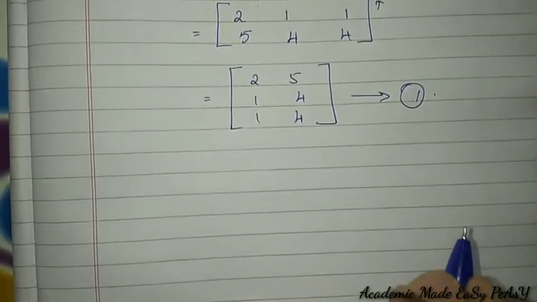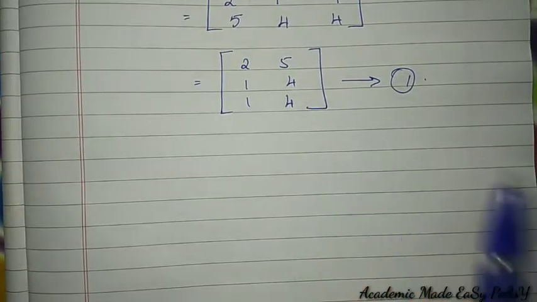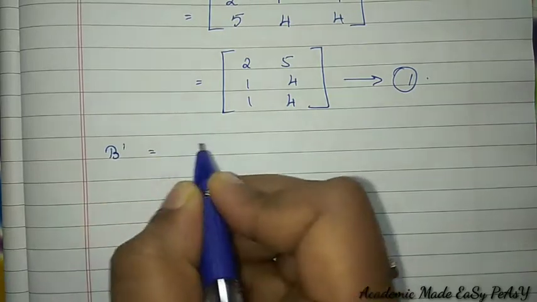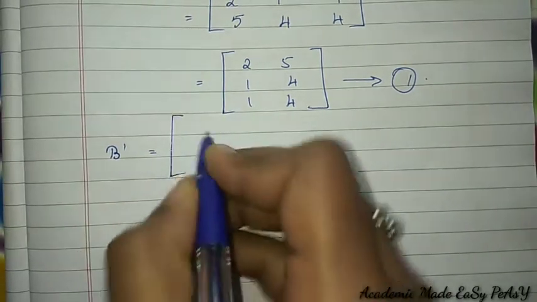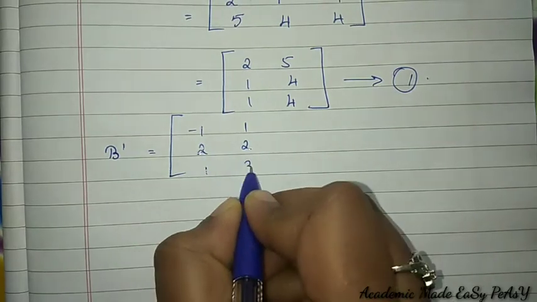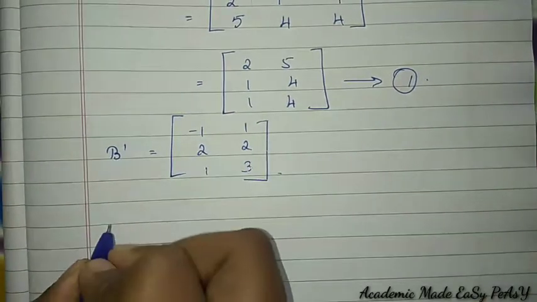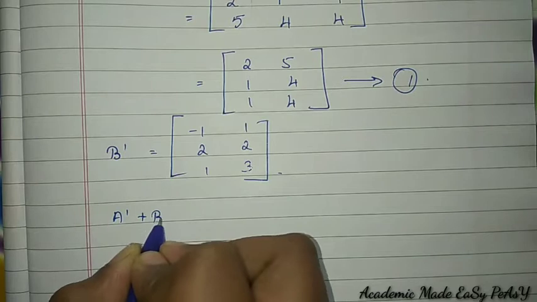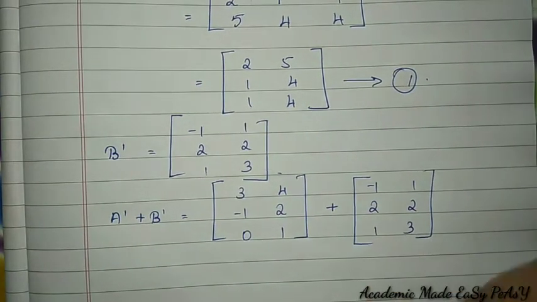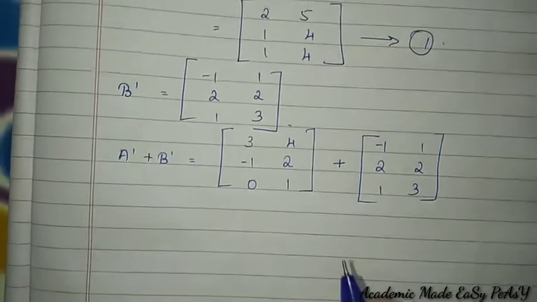So the second part of the question, A transpose plus B transpose. Now A transpose is already known. So B transpose is equal to minus 1 1 2 2 1 3. So this is B transpose. So A transpose plus B transpose is equal to. Since these two are addition, I will add directly.